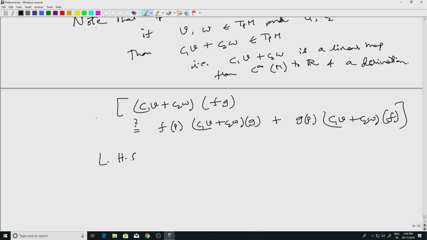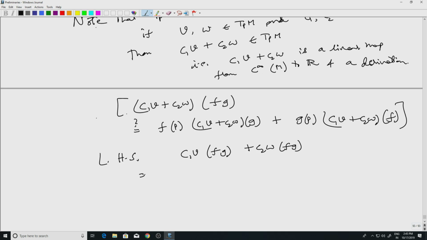The way to see it is to start with the left hand side. C1V plus C2W acting on fg is, by definition, equal to C1V acting on fg plus C2W acting on fg.